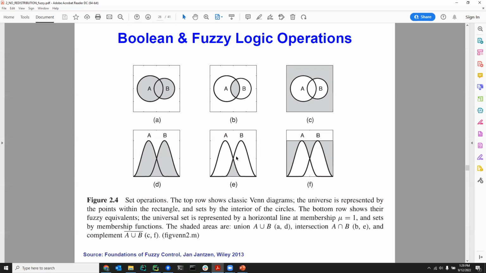In the fuzzy case, you can also see where they overlap, and so you get this representation of A and B. And if you had the complement of A or B, so not A or B, you would have everything outside of the A and B sets. And in the fuzzy case, it would be this shaded area, which is the complement, so not A or B.